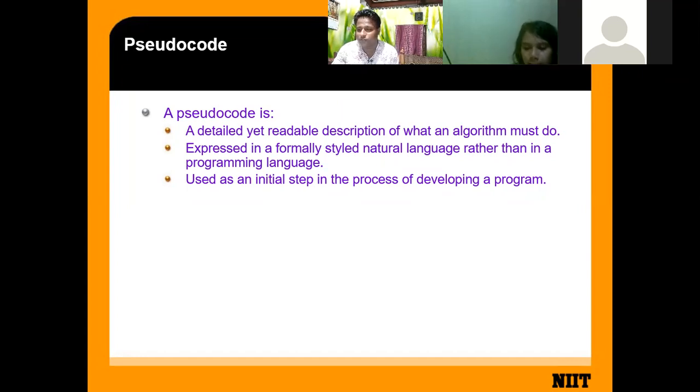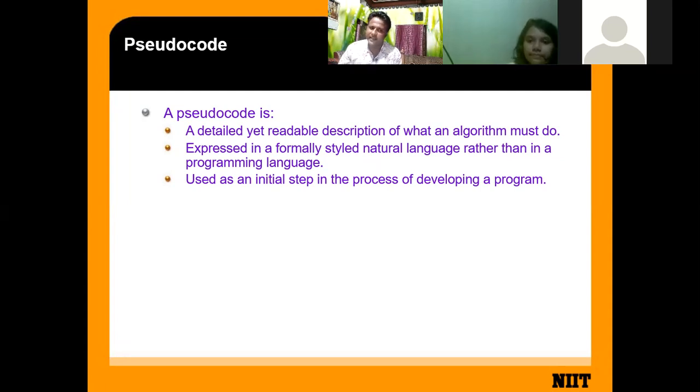It is a detailed yet readable description of what an algorithm must do. It is expressed in a formally styled natural language rather than in a programming language. It is used as an initial step in the process of developing a program.